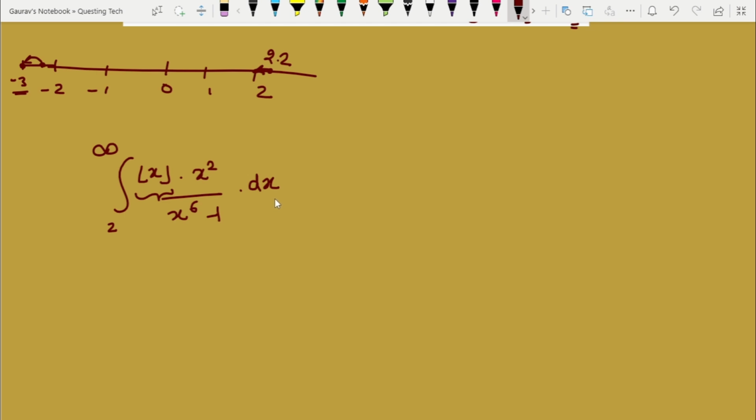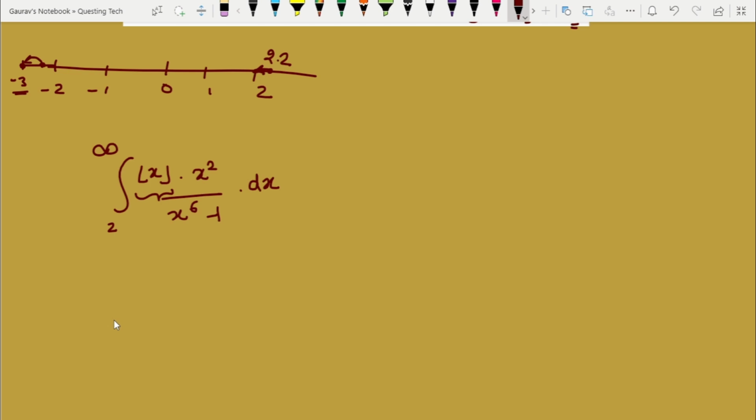So we need to substitute something whose differentiation comes out to be x square dx. We can substitute x cube equals some u or t. But the problem is that we also have this greatest integer function here.